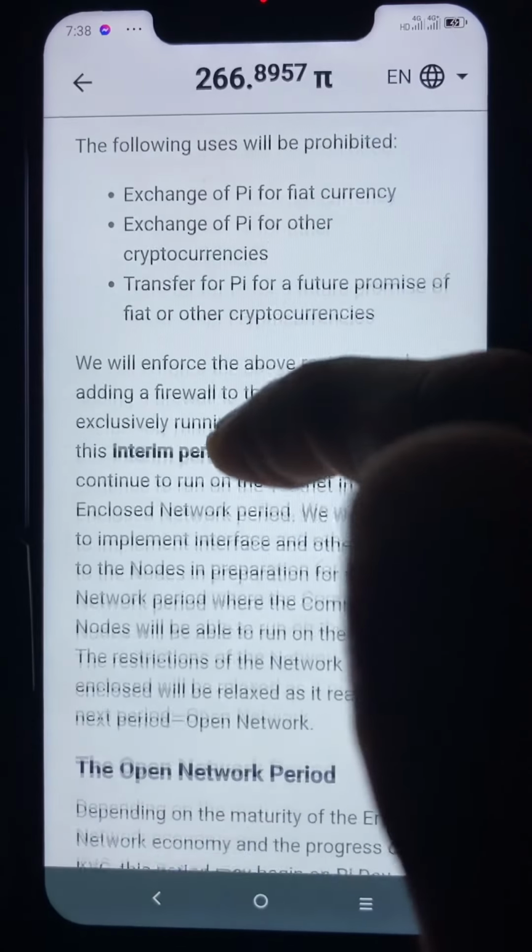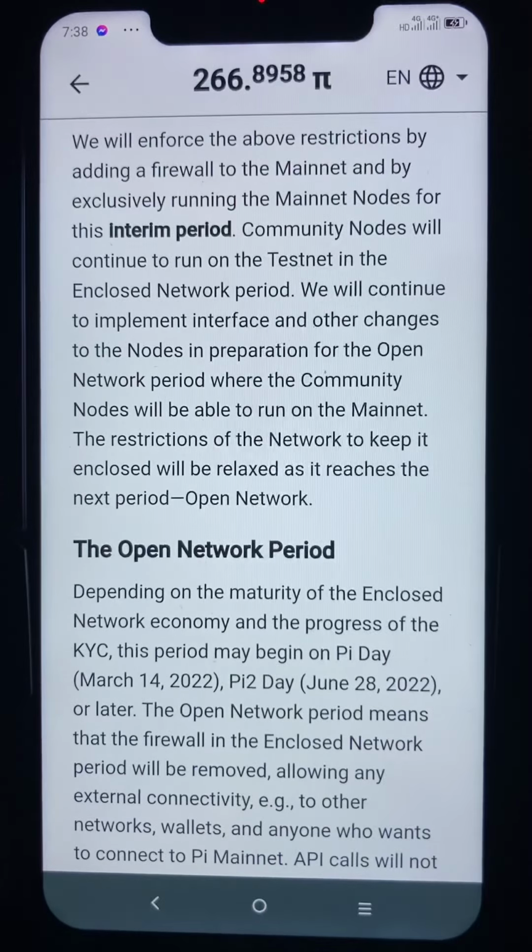Okay, let's continue. We will enforce the above restrictions by adding a firewall to the mainnet and by exclusively running the mainnet nodes for this interim period. So this enclosed mainnet is an interim period, as we transition to the fully open mainnet. Community nodes will continue to run on the testnet.